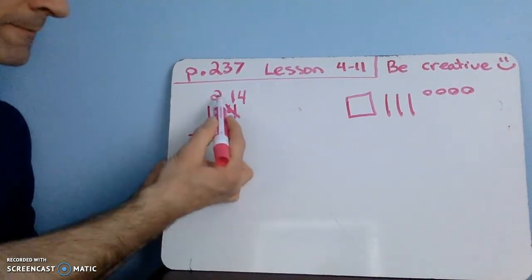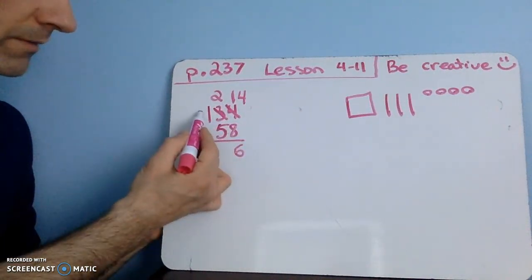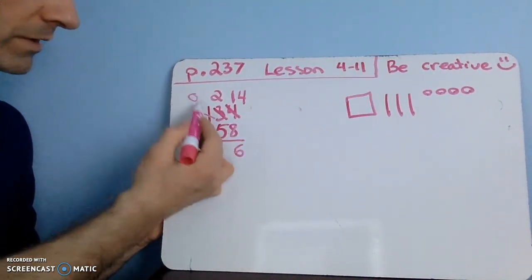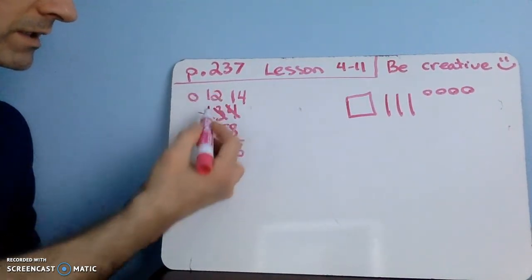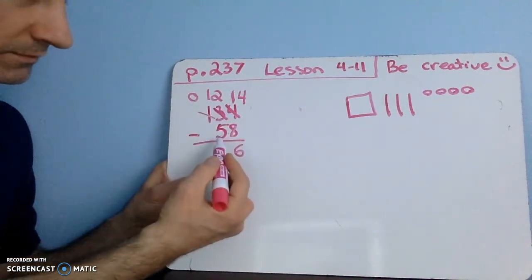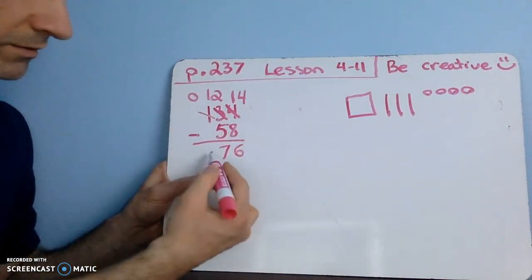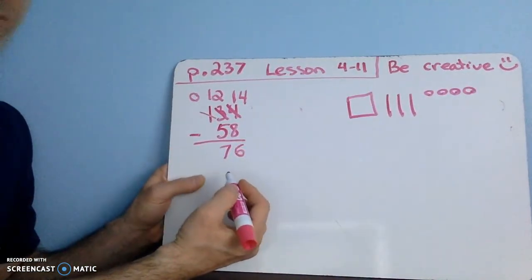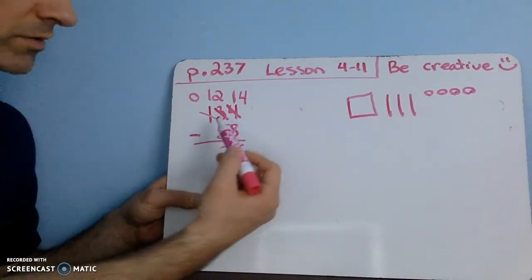Well, again, you cannot take 5 away from just the 2. So you have to go even further to your hundreds place. So that 1, once you take away from that 1, there's nothing left there. But that 10 plus 2 is a 12 now. So 12 minus 5 equals 7. And 0 minus nothing is still 0. So 76.